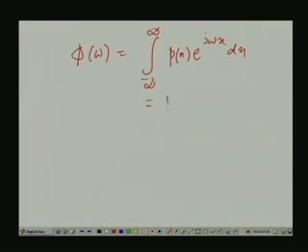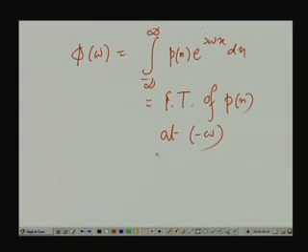So, this is nothing but the Fourier transform of p_x at minus omega. Or in other words, if I put a minus here, you get a minus here.